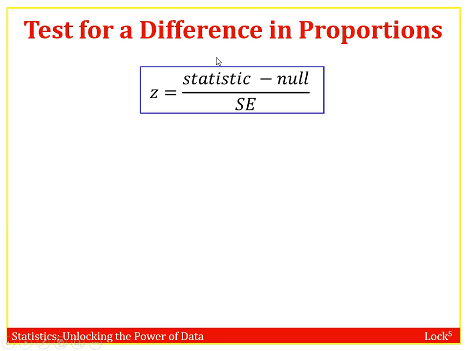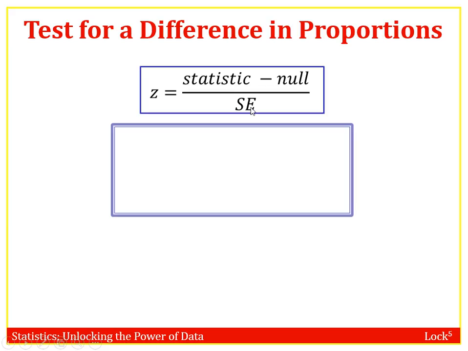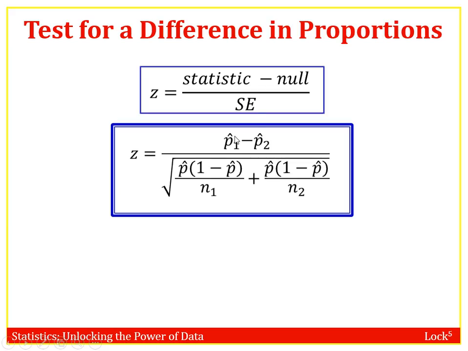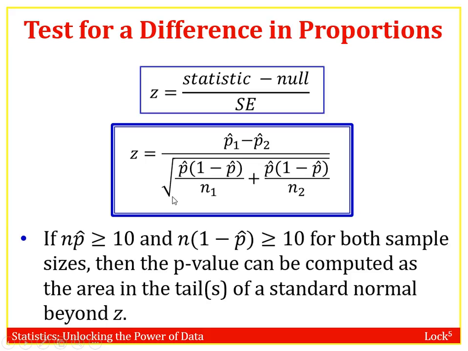So for the test of the difference in proportions, this is our basic formula for the test: our statistic minus our null over our standard error. So we take the difference in our two proportions, and then we use our pooled proportion times 1 minus our pooled proportion over the sample size of the males, plus pooled proportion times 1 minus pooled proportion over the sample size of the females, all inside of a square root for our standard error.